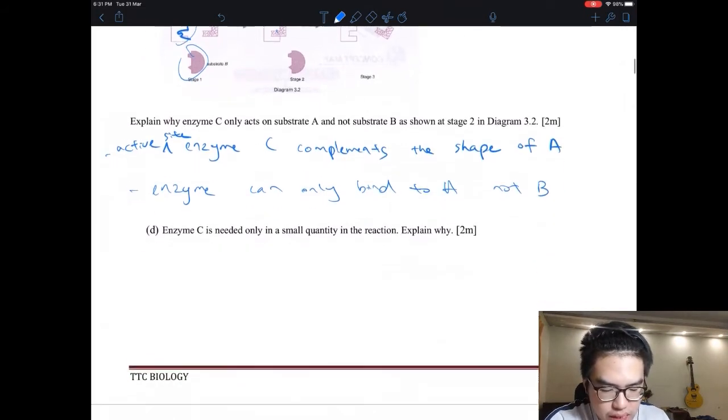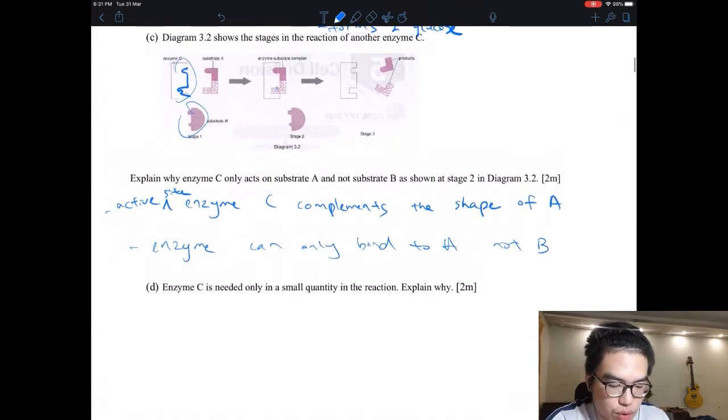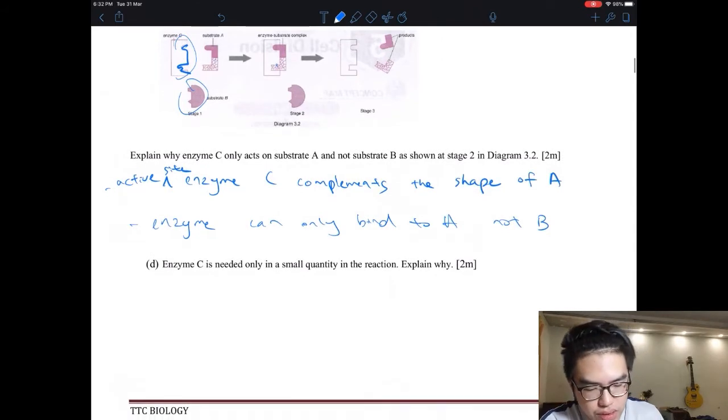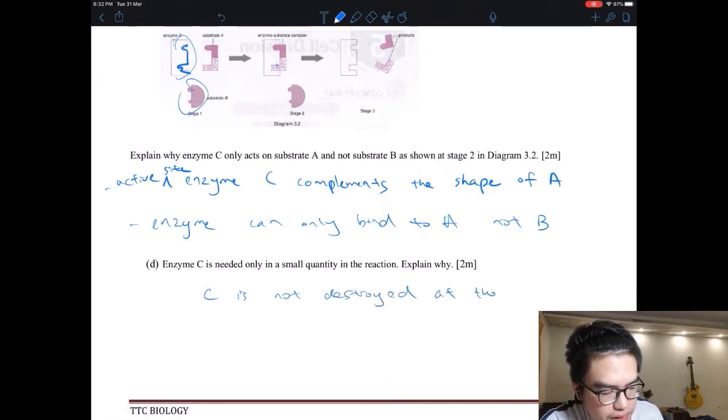D: enzyme C is needed only in a small quantity. Explain why. Because C is not destroyed at the end of the reaction.